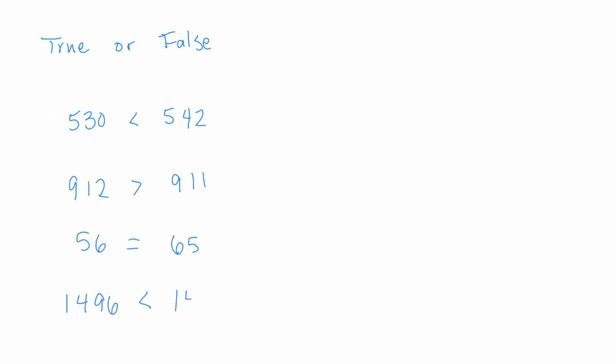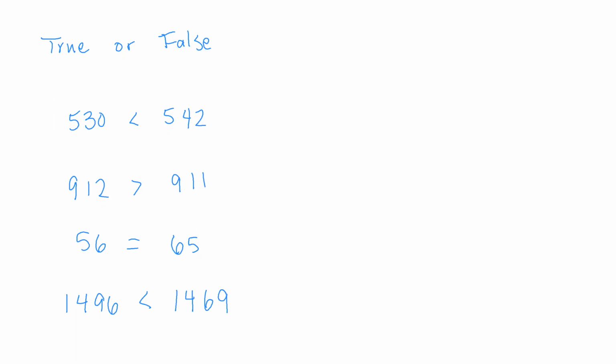So let's say I have 530, and I'm saying it's less than 542. 912 is greater than 911. 56 is equal to 65. And then let's say I have 1,496 is less than 1,469. Okay, which of these are true? Which of these are false?